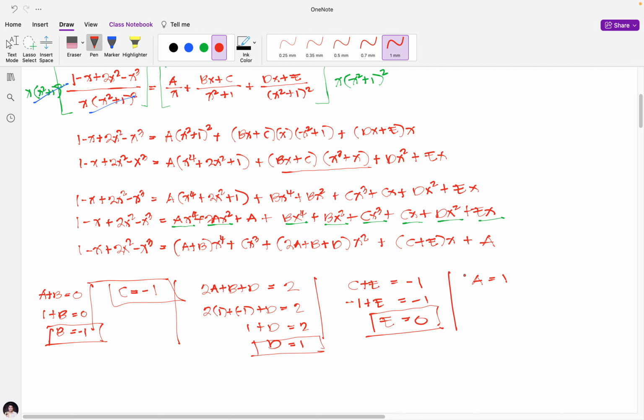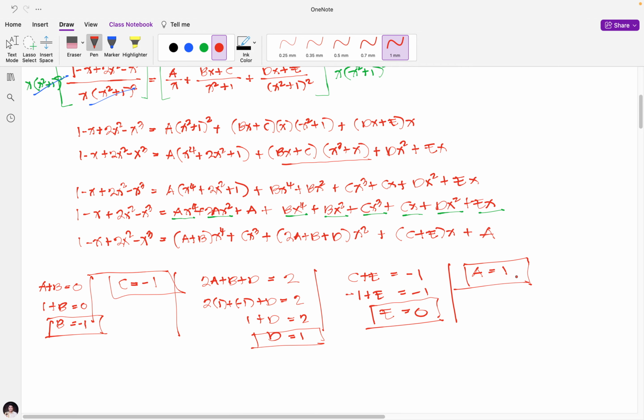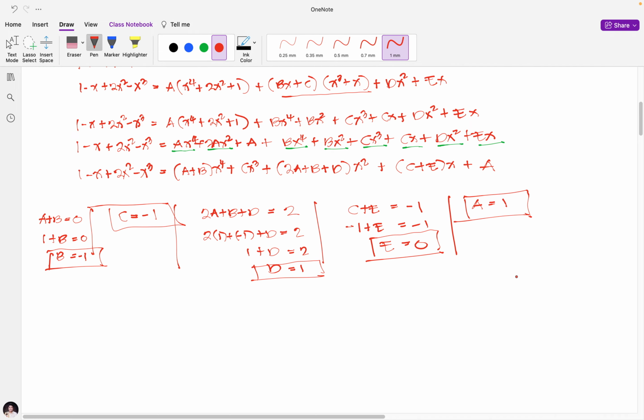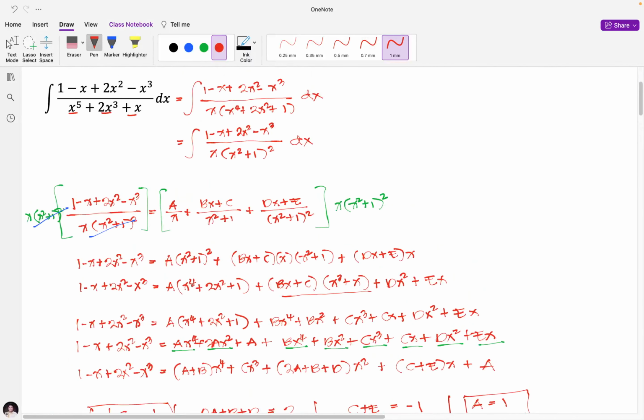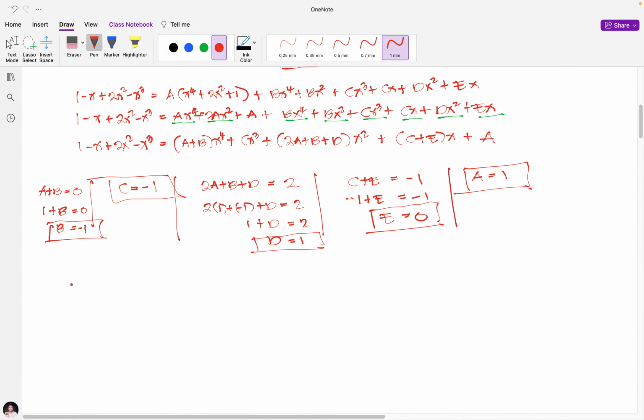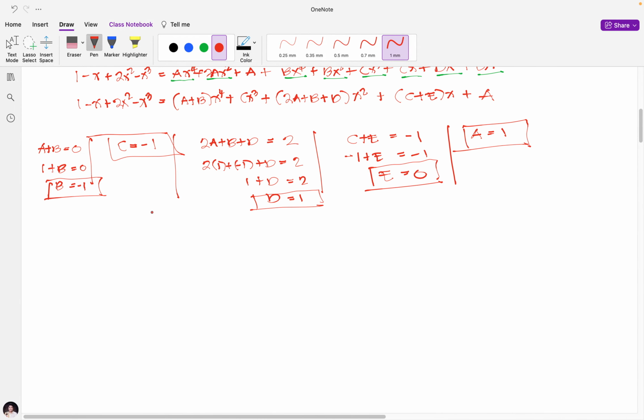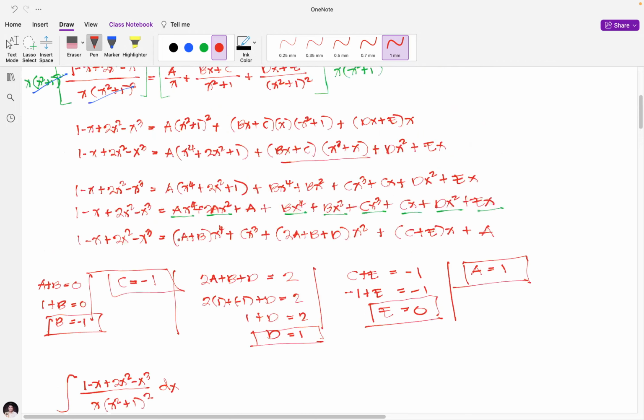Okay. So from that, we now have, copying the integral, the integral of 1 minus x plus 2x squared minus x cubed all over x times x squared plus 1 squared dx. Tama ba?